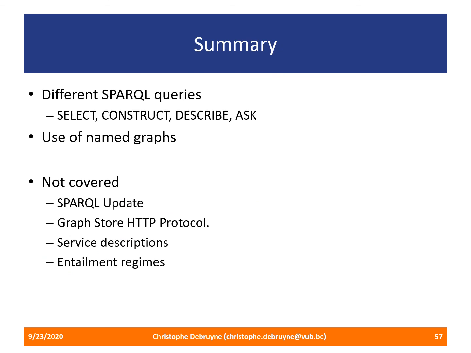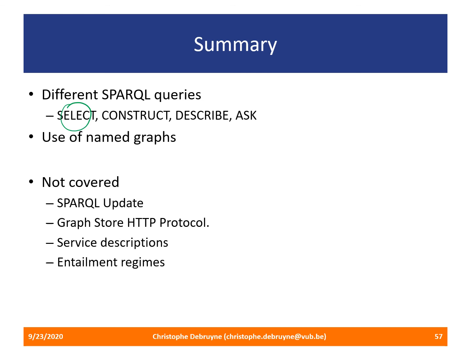Now, to summarize, in this particular lecture, we focused on 4 types of information retrieval queries, being the select clause, where we choose either all variables or a subset of the variables used in a query pattern to find things in our RDF dataset.